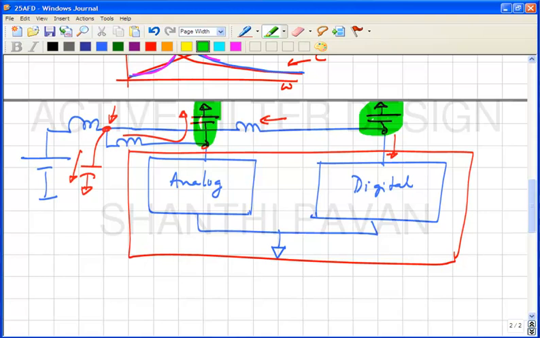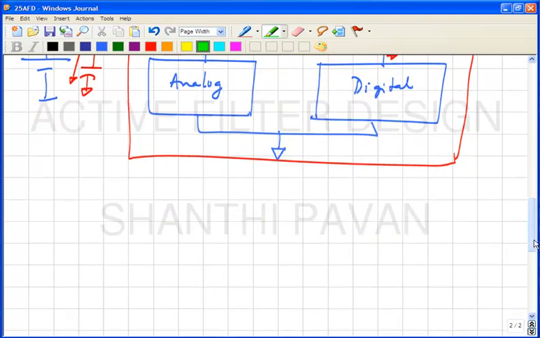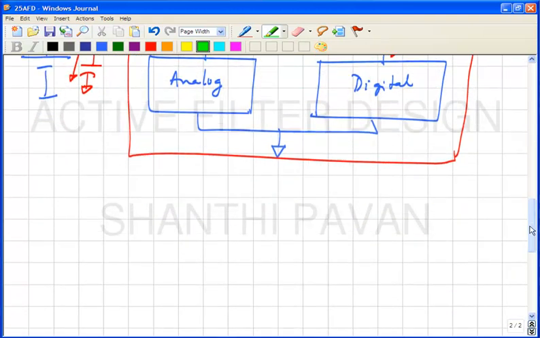All right. So anyway, the bottom line behind this whole discussion was that one cannot avoid supply noise.